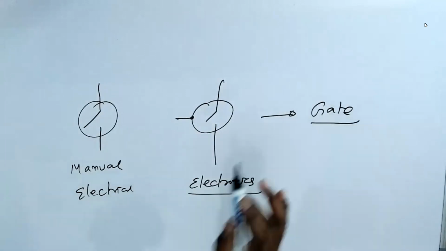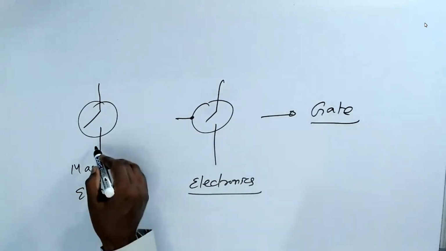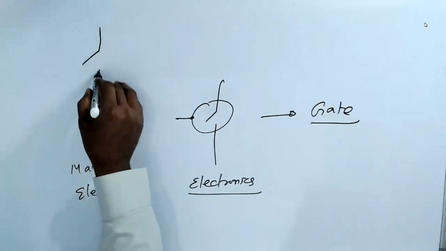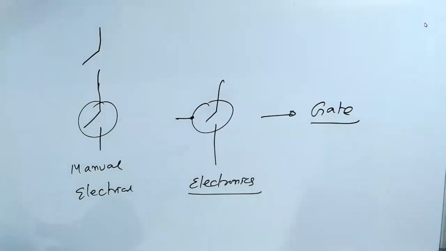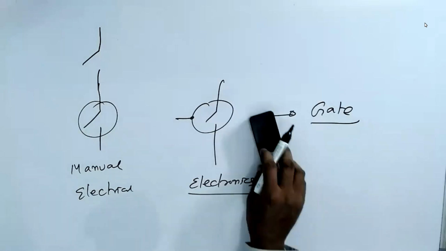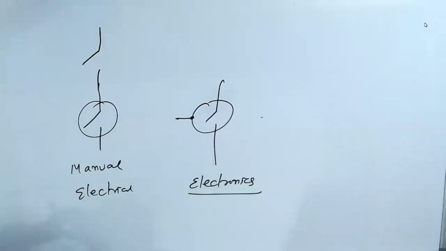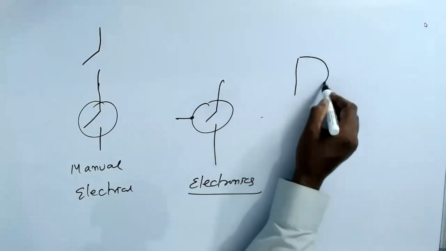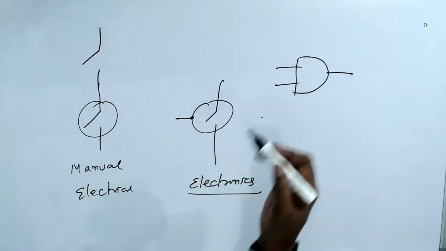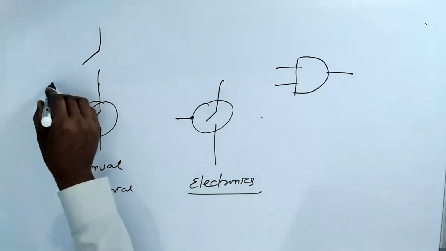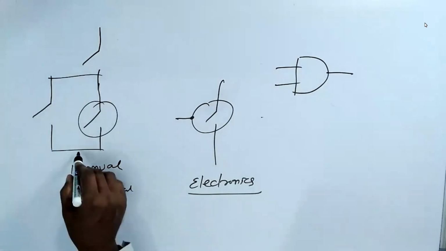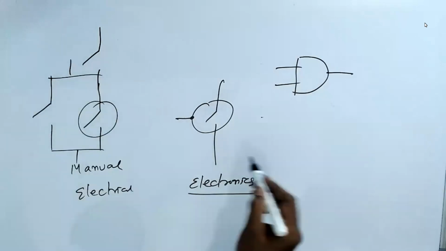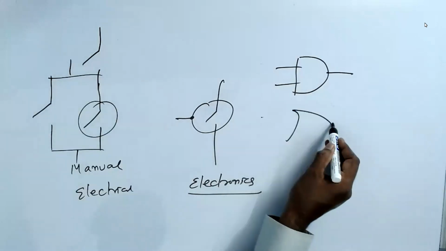In electrical, when we connect the switches in series, we call it a series circuit. Here we call it an AND gate, AND function. In the same way, if I connect the switches in parallel, in electrical we call it parallel. In electronics, we call it an OR gate.